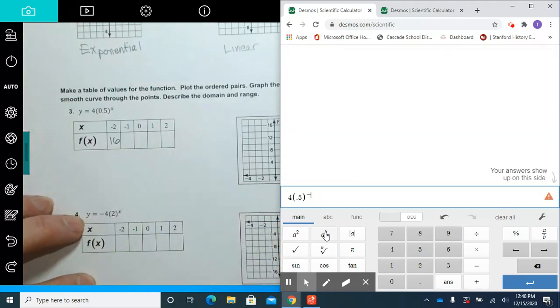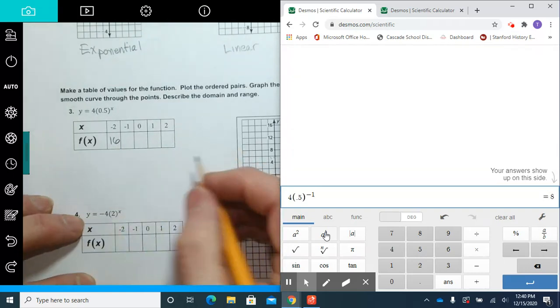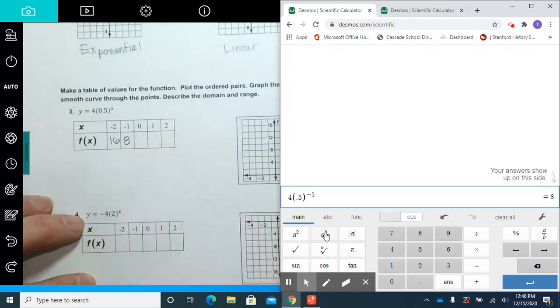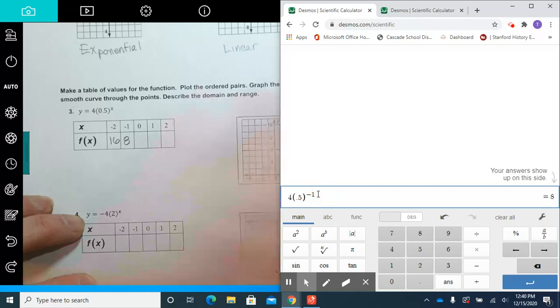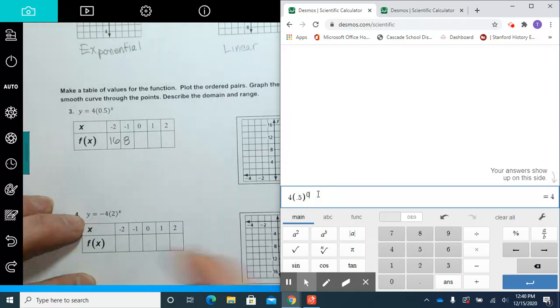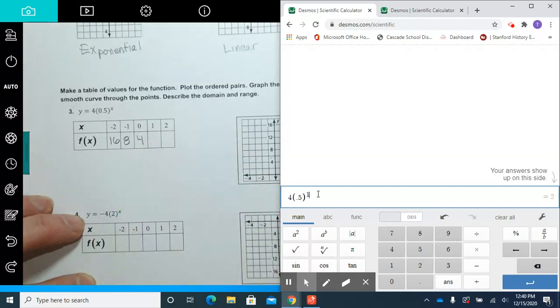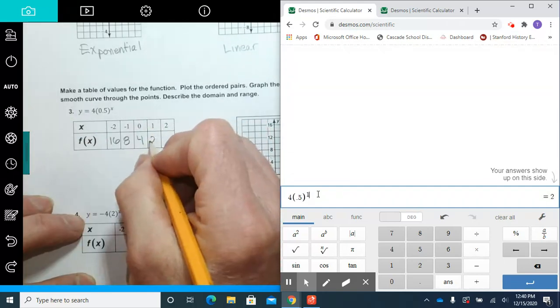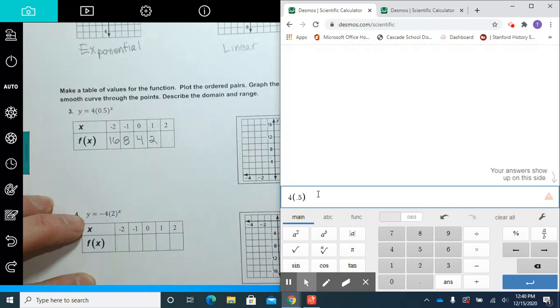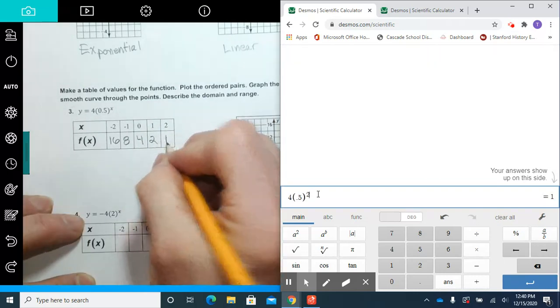Negative 1 gives me 8. Put in 0, I get 4. I put in 1, I get 2. Put in 2, I get 1.